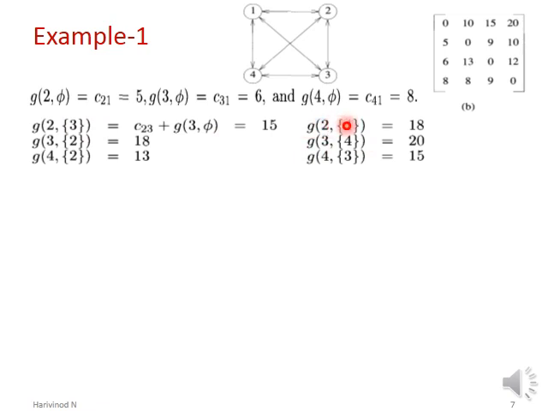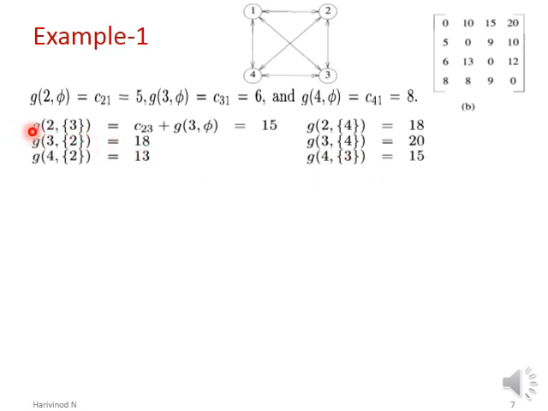These are the 2 choices for us. Similarly, if you start from 3 and introduce one vertex here, then either we can go 3 to 2 or 3 to 4. These are the two choices. Suppose we start from 4 and have only one intermediate vertex, the choices are 2 and 3.